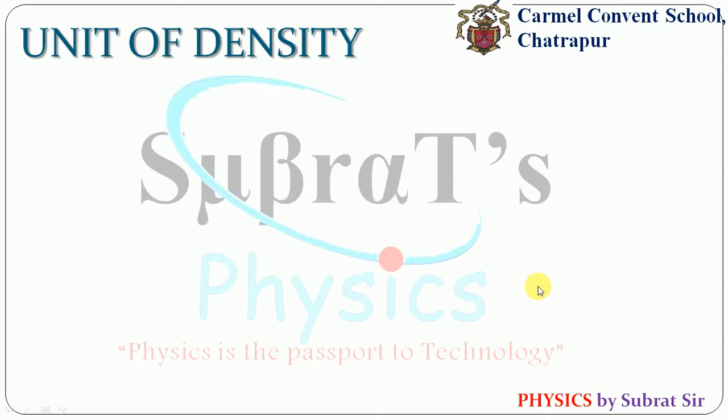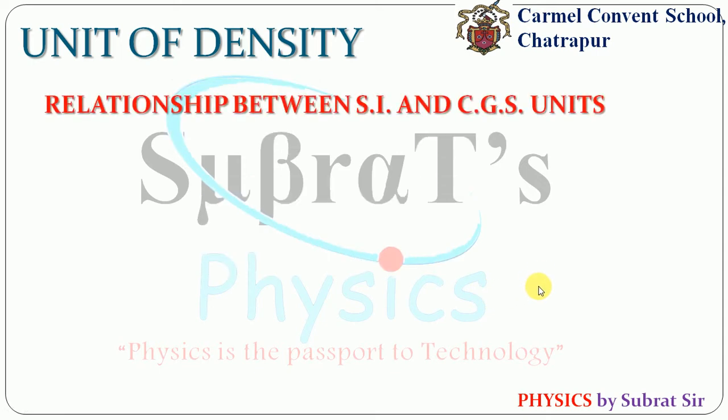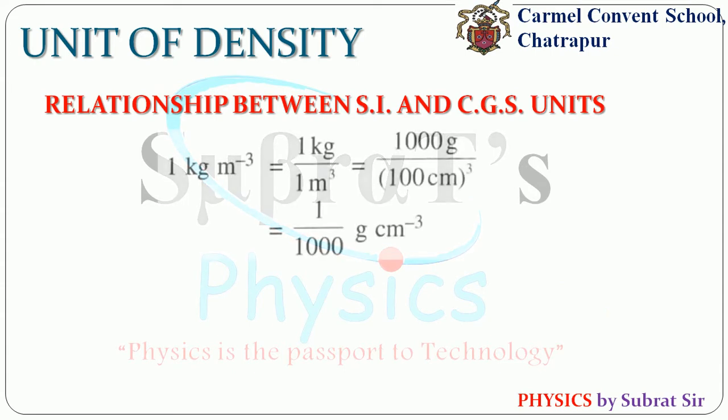Then we have the relationship between SI and CGS units of density. Now we have to find the relation between kg per meter cube and gram per centimeter cube. This is also elaborately discussed in the previous video.